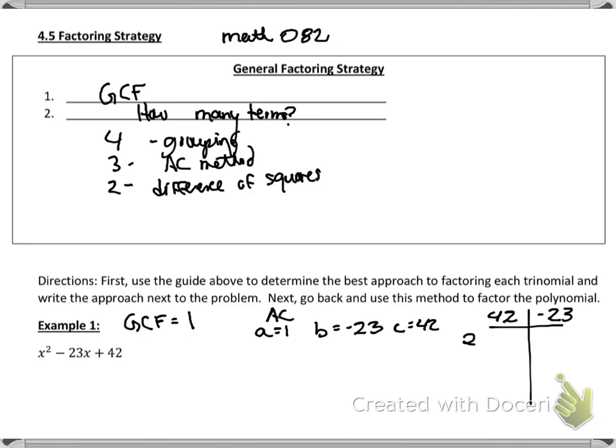One set of numbers is 21 times 2, but 21 plus 2 is positive 23. The easiest way to fix this is to make both numbers negative, and then we get negative 23. So this factors as x minus 21 times x minus 2.